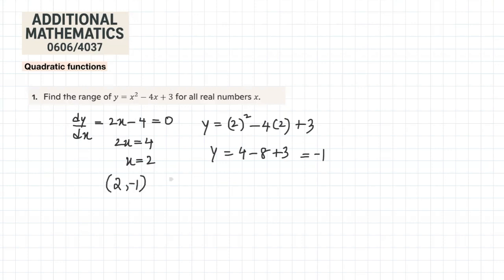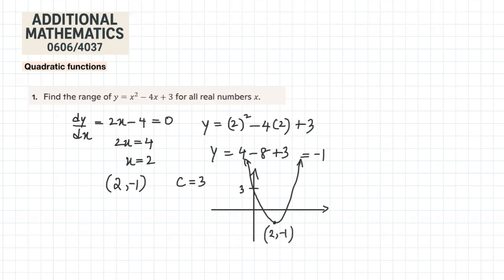And the y-intercept of the graph is going to be c equals 3, right? Let's just quickly sketch. It will be a parabola opening upward with a minimum turning point at 2, -1, and something like this. Okay, that's the sketch. 3, and this is 2 and -1. Okay, so what is the minimum possible value? The minimum possible value of y is -1.